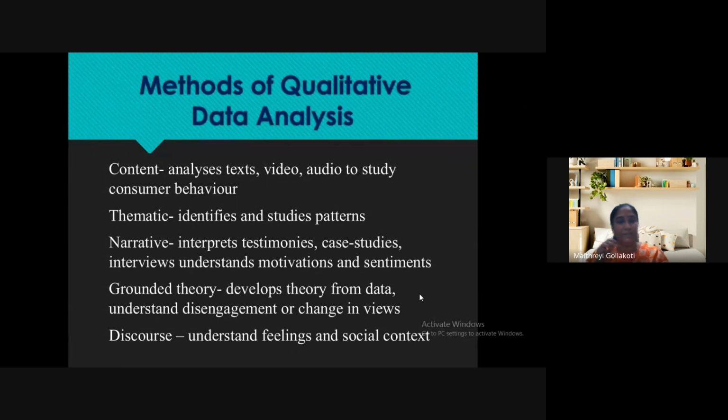So let me try to explain the next aspect, which is discourse analysis. In discourse analysis, we try to understand the feelings and social context of a product. What are the feelings and social context of a product?